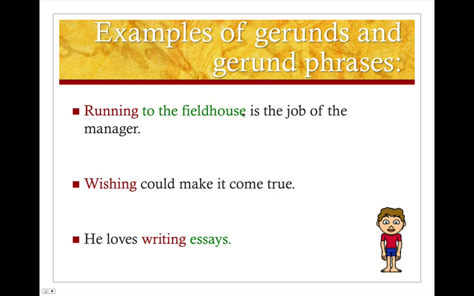To the field house is a prepositional phrase modifying running, so that entire phrase, the gerund and the prepositional phrase that modifies it, is part of the gerund phrase. And that entire phrase, of course, is used as the subject of the sentence.